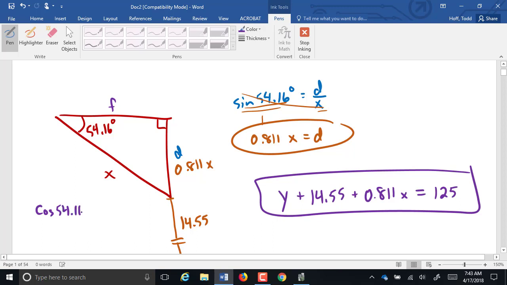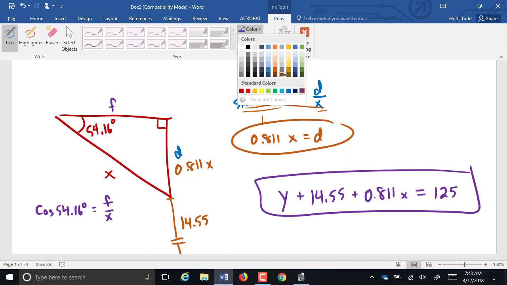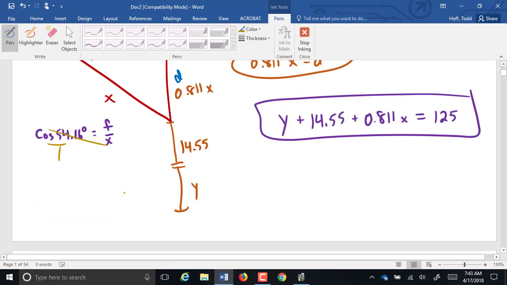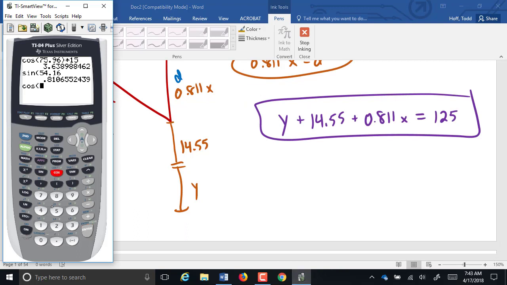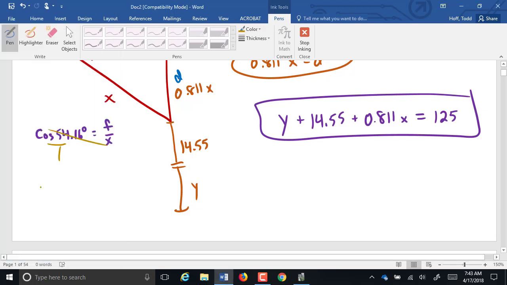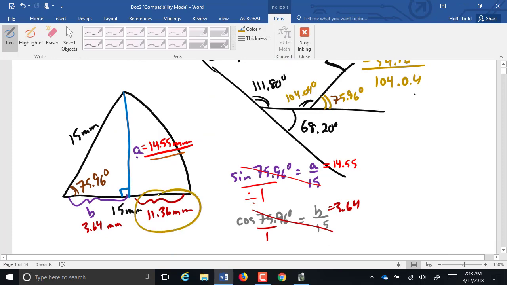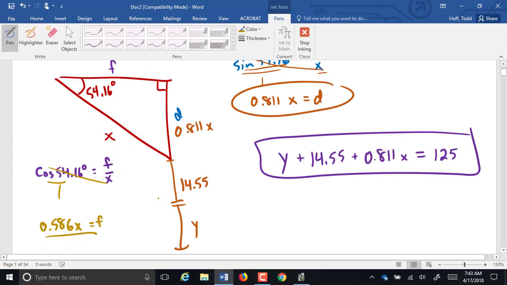Cosine of 54.16 degrees equals F over X. We do the same sort of thing, cosine of 54.16, 0.586 X equals F. That plus, it was this distance here, 11.36.